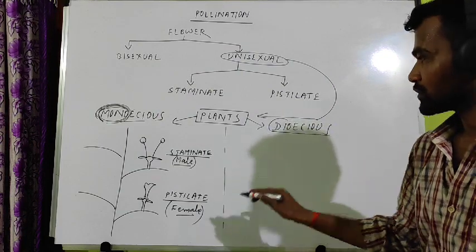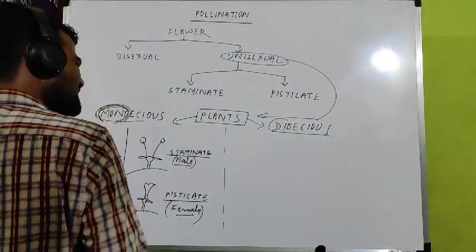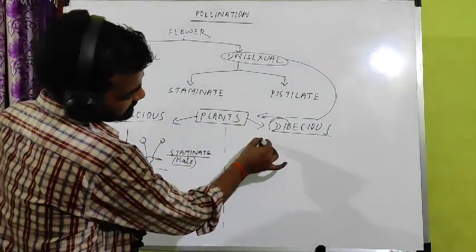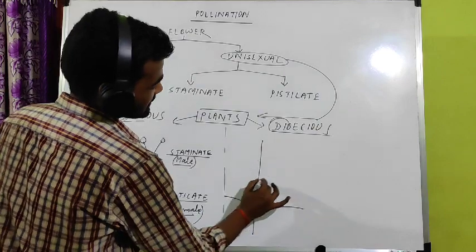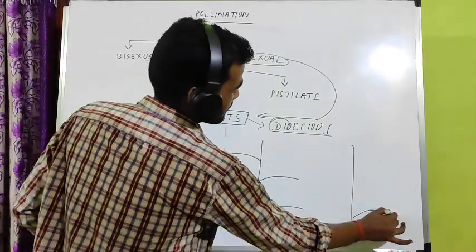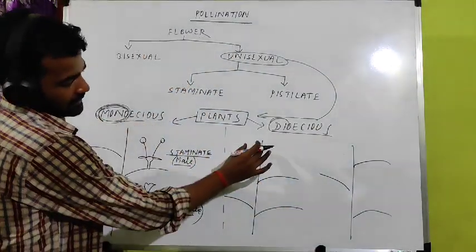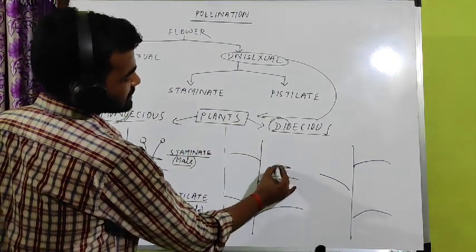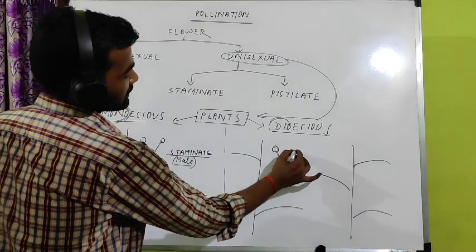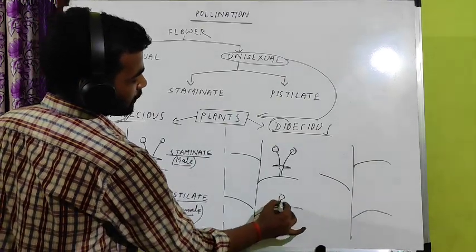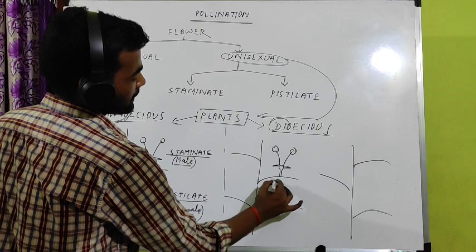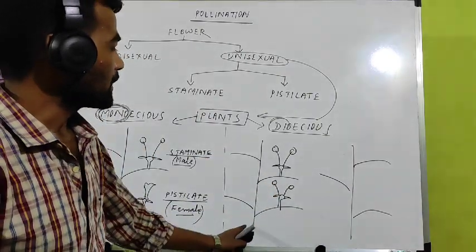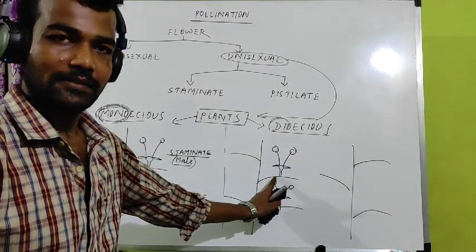Now come to dioecious. What is dioecious? It is clearly understandable: di means two. This is a plant and these are the branches, and this is another plant with branches. In this plant only staminate flowers are present, the upper and lower flowers are staminate. So this plant contains only one sex.